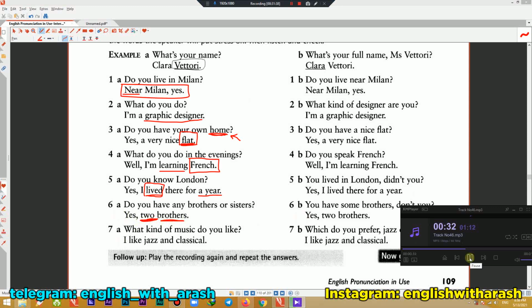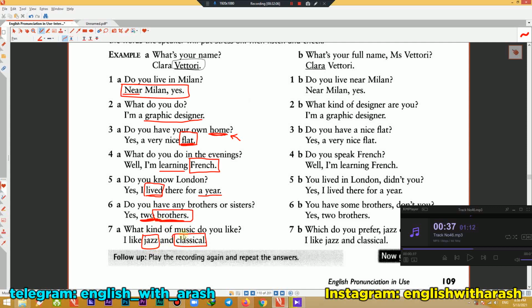What kind of music do you like? I like jazz and classical. Right? This is the answer to the question. Yeah, brothers is important. 2 is also important, but not as important as brothers here, because the question is not how many.